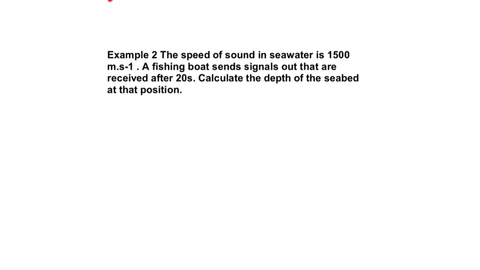Let's go ahead and take a look at example 2. The speed of sound in seawater is 1,500 meters per second. A fishing boat sends signals out that are received after 20 seconds. Calculate the depth of the seabed at that position. So the depth, we are interested in the distance.